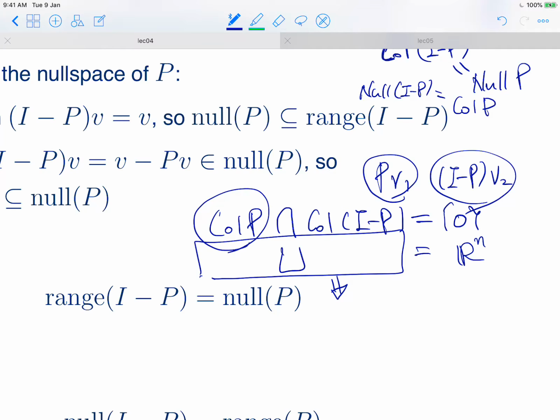So we have a basis corresponding to the column space of P, and also a basis of the column space of I minus P, and then we take the union of those. We obtain the union of these two sets of basis vectors of these two spaces, and then we consider their span. Okay, so we consider the span of these two combined sets of basis vectors, and it will cover the entire space of R^n. Okay, so that is the point.